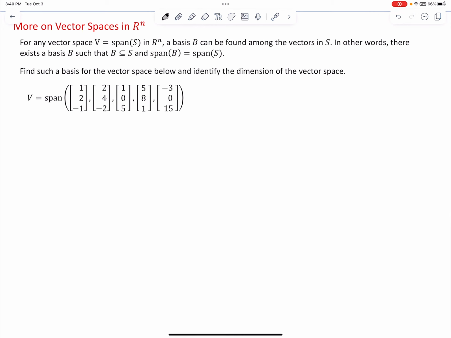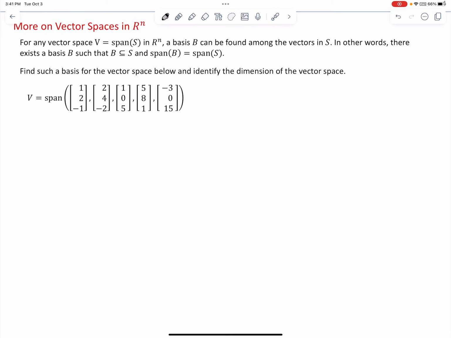For any vector space V that's equal to the span of some set S in Rn, a basis B can be found among the vectors in S. In other words, there exists a basis B such that B is a subset of S, and the span of B is the same thing as the span of S. So along this idea that a basis B is a minimum set that spans the vector space, sometimes a set S might have some extraneous vectors in there, and we can remove some of them without changing the span, and we want to continue to do so until the only vectors that are left remaining in the set are linearly independent, at which point we can call that collection a basis.